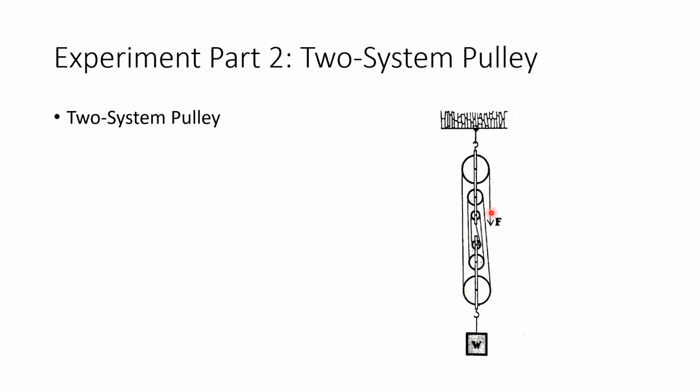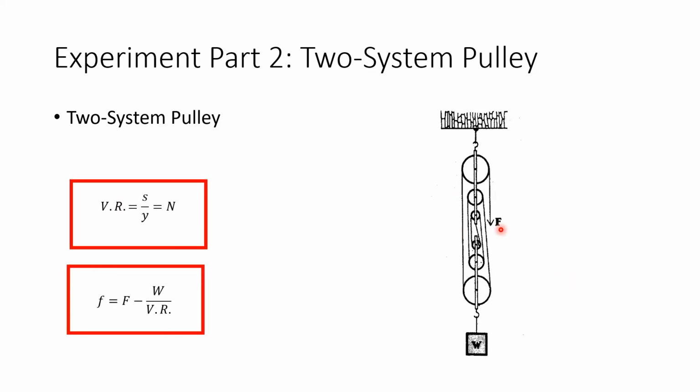Again, you're going to be pulling this distance a lot longer than the distance the load is being lifted, by a factor of 6. But then again, you can get the velocity ratio as the distance s divided by y, and that is equal to n, where n is the number of strings being wrapped up here.